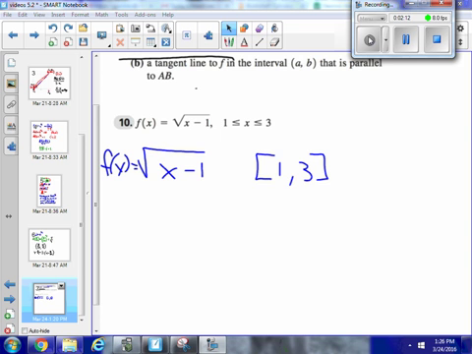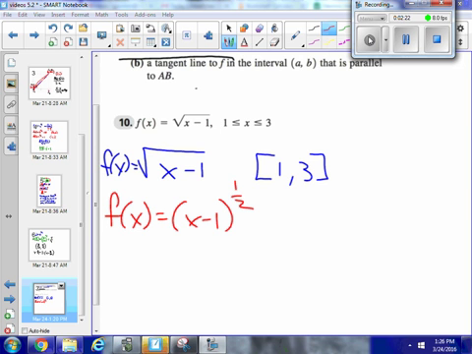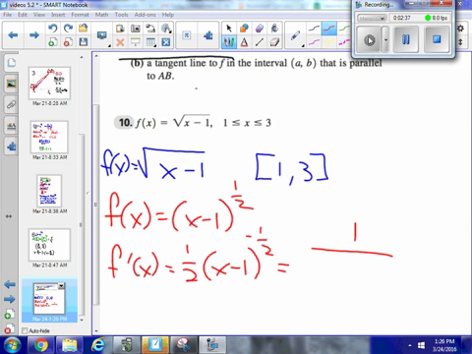So now I'm going to find the derivative of f. I'm going to rewrite f of x as x minus 1 to the 1/2. So f prime of x is equal to 1/2 times x minus 1 to the negative 1/2, which is the same thing as 1 divided by 2 square root of x minus 1.